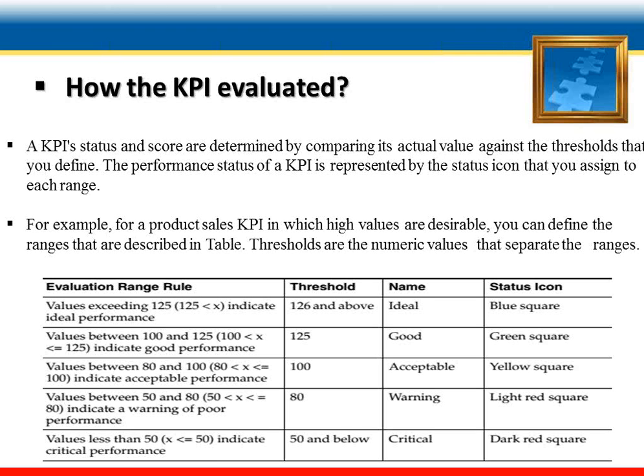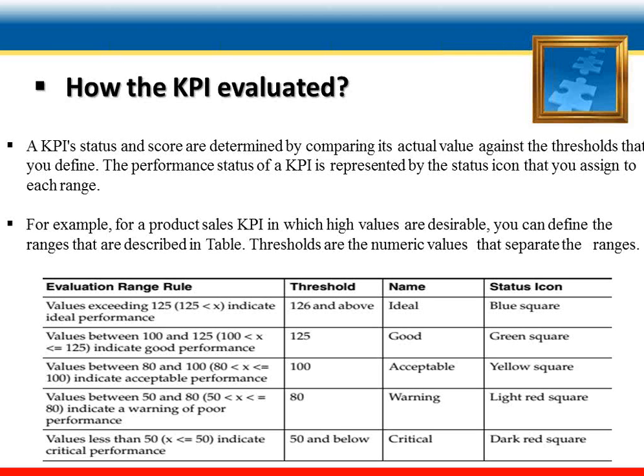Then come the naming conventions for the evaluation, and here the status icons are mentioned. So a value exceeding 105 will be named Ideal, and the status icon is a blue square. Values between 100 and 105 indicate good performance, and the threshold value defined is 105.